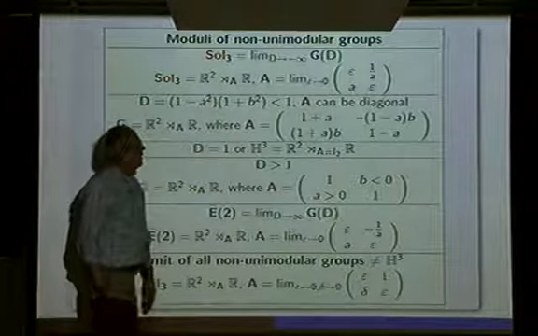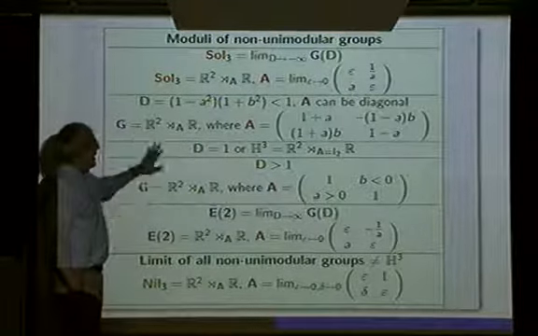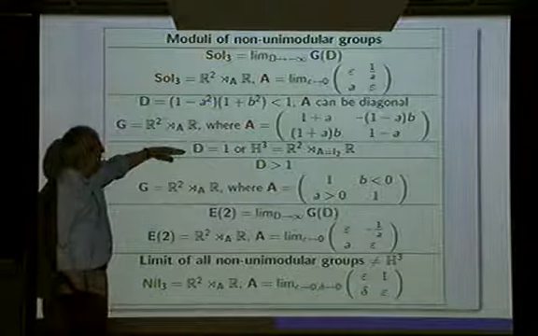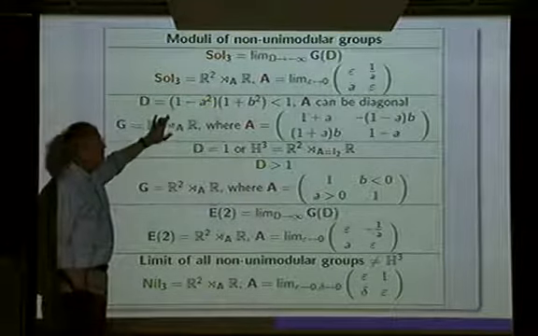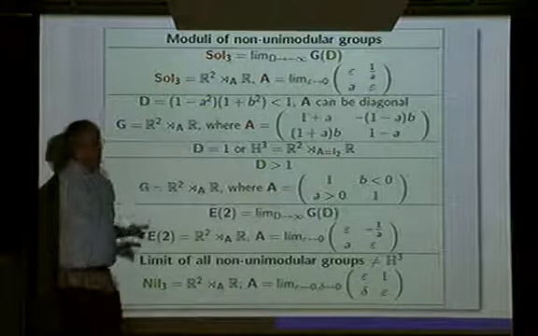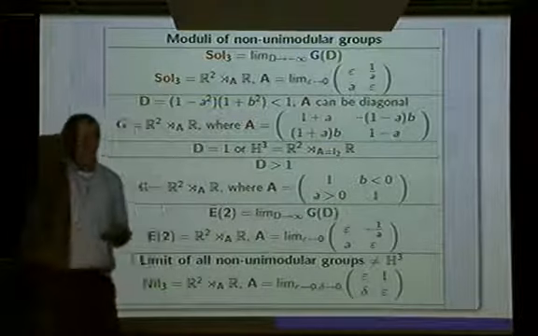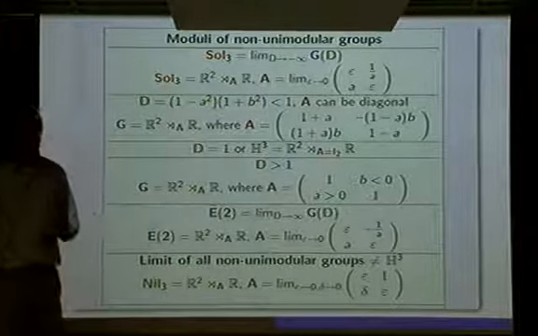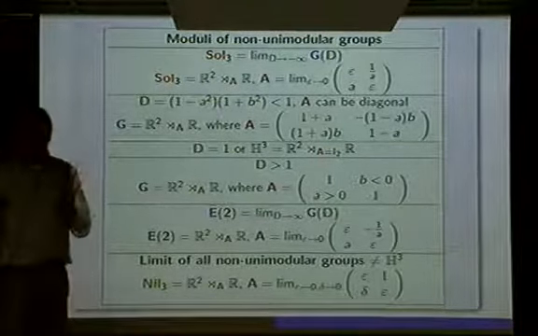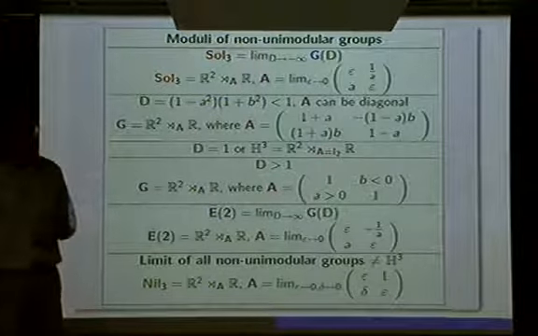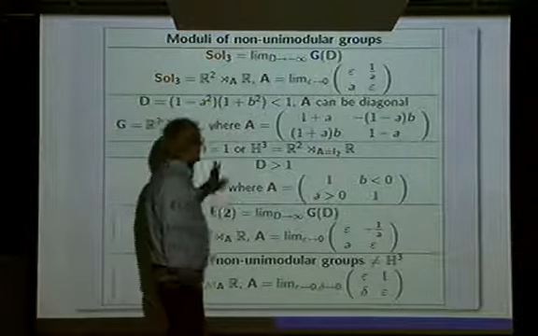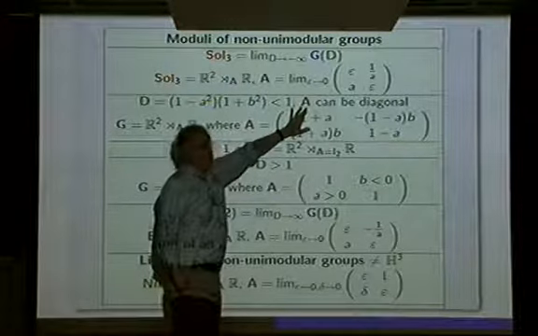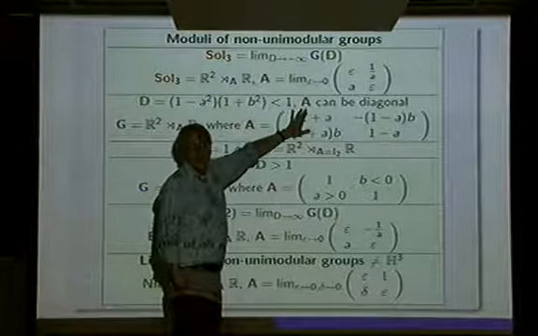Okay. Then we have the values that are less than 1. When D is less than 1, then the matrix always has 2 real eigenvalues. The characteristic polynomial for the matrix has 2 real eigenvalues, and in that case you can diagonalize the matrix.